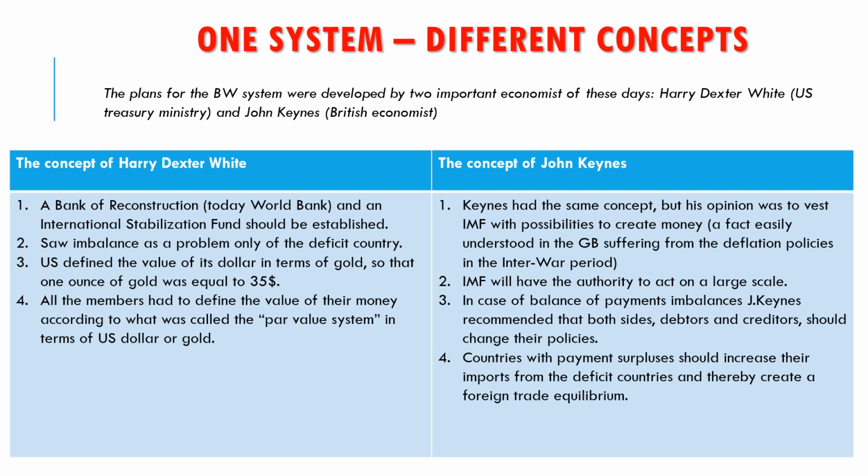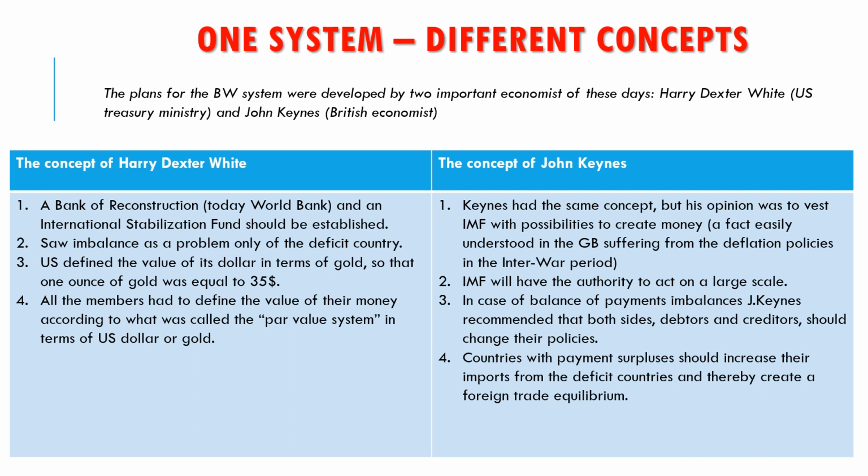He was trying to support US interests and ensure that the US had enough power in terms of its economic stability. On the other hand, John Keynes had the same concept, but his opinion was to vest the International Monetary Fund with the possibility to create money. This is easily understood, as Great Britain was suffering from deflationary policies during the interwar period.